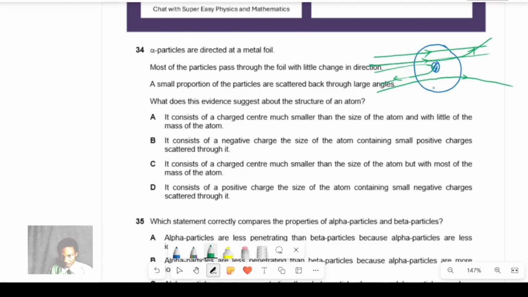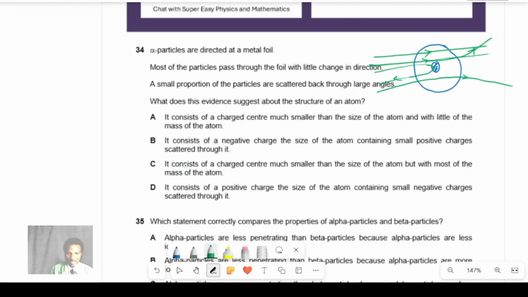All right, so we have this situation. In this very particular situation, what does the evidence suggest about the structure of the atom?